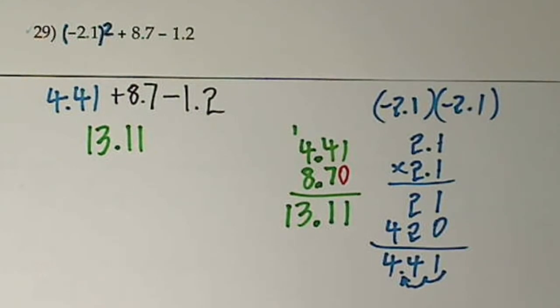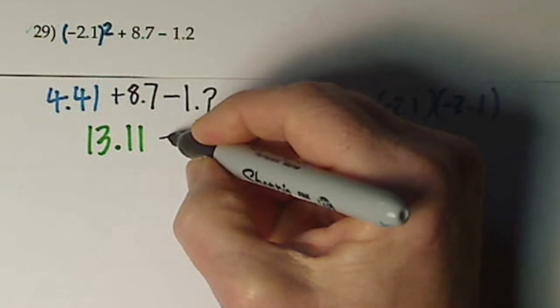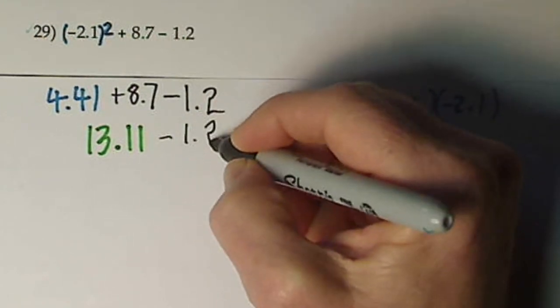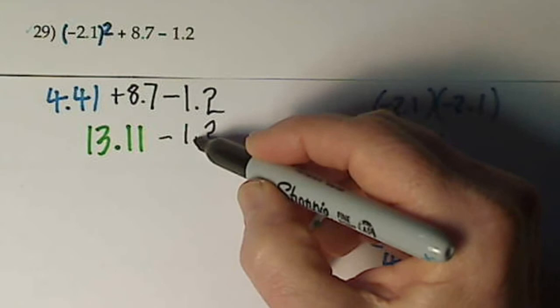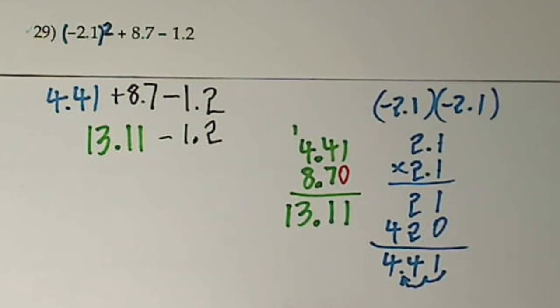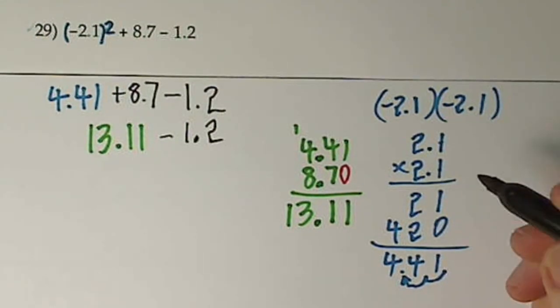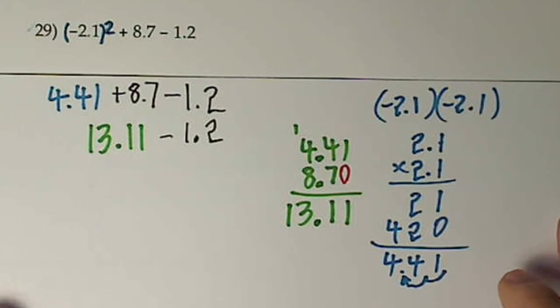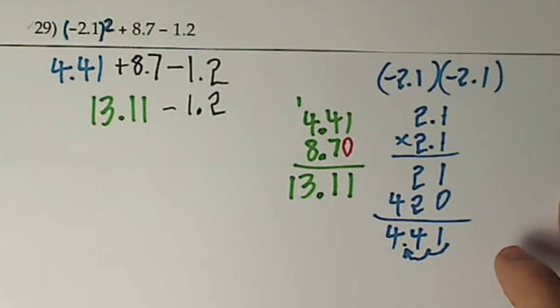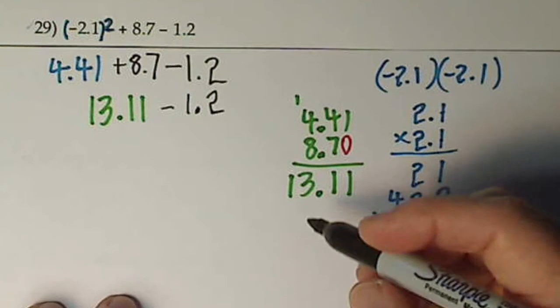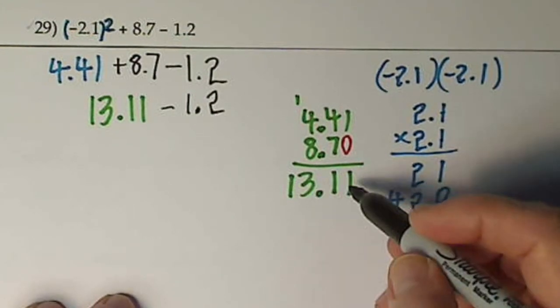And let's just bring down what we haven't touched yet. The negative 1 and 2/10. Make that a little more clear. So now when we subtract, subtract smaller from the larger, keep the sign of the larger. So we will have that right here. 13 11/100ths.